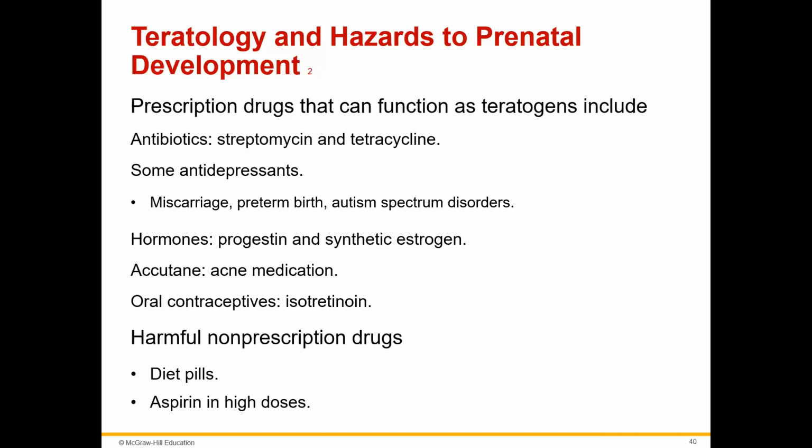It was something we didn't originally know about, and there was a number of malformed babies during a time period in the past while we learned about the harmfulness of Accutane, and they now have very clear warnings on packages about not to be taking Accutane while pregnant, because we now know the horrible side effects to a developing fetus. Okay, oral contraceptives can be problems as well. Anyways, so this is just a list of certain types of prescription drugs.